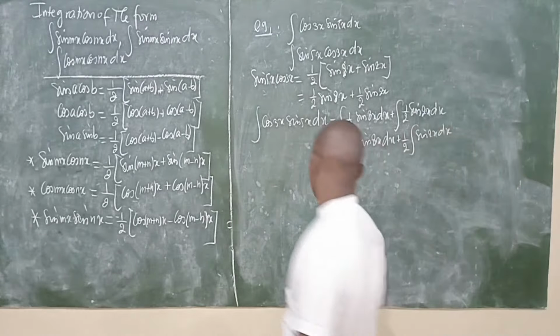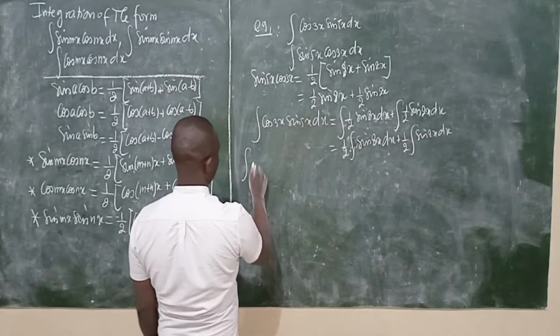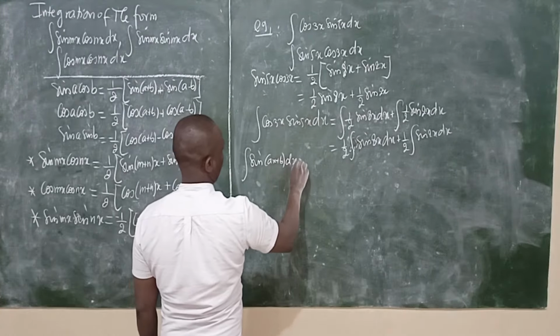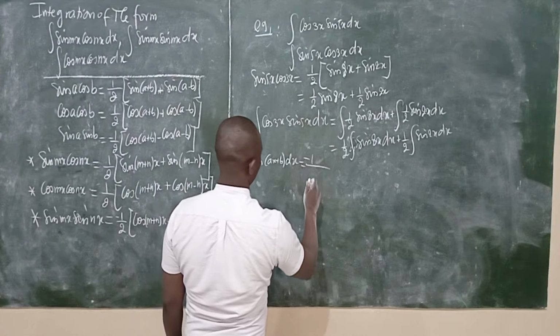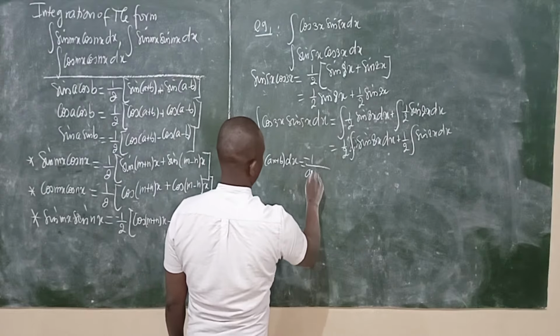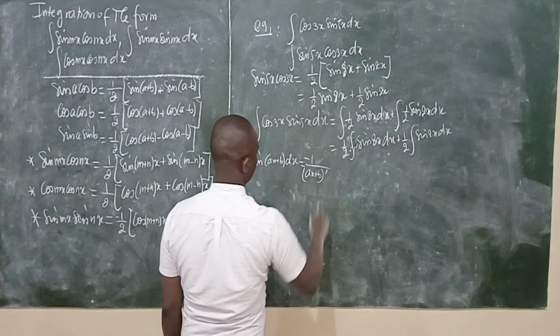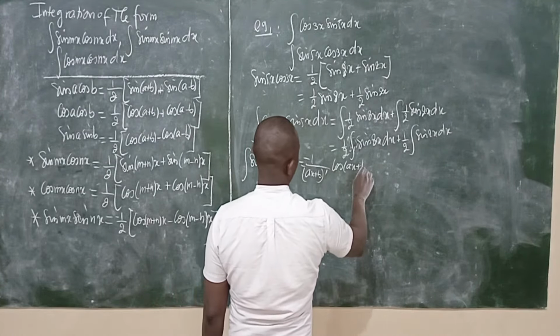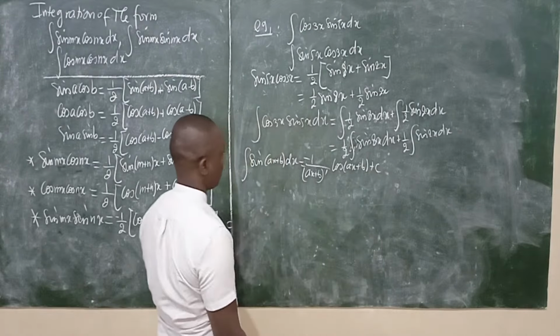We saw that the integral of sine ax plus b dx was minus 1 over the derivative of ax plus b, then cosine of ax plus b plus c.